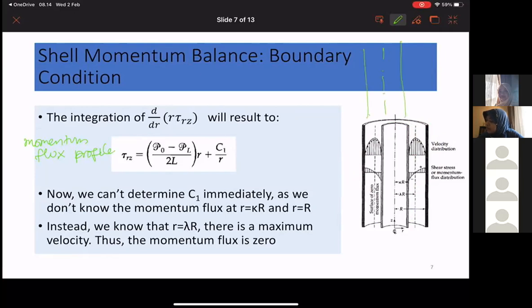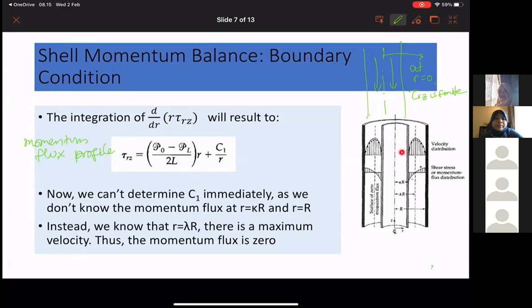if this is the cylindrical wall, we know that at r equal to 0, the tau rz is finite. But here we know there should be something finite, but we actually don't know where.